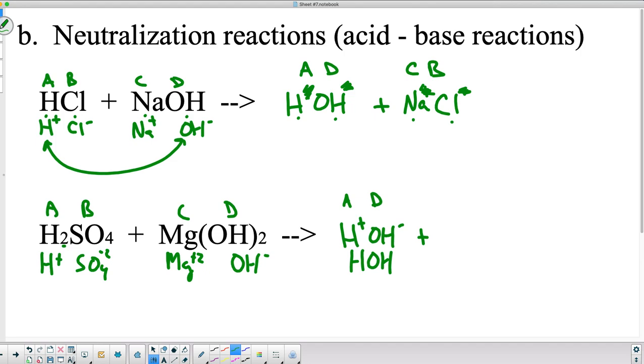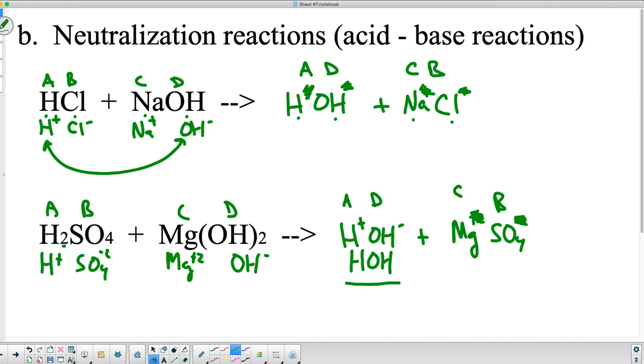So my C and D then is magnesium. Magnesium has a +2, and my sulfate is B, and that's a -2. And because they're a +2, -2, you can cancel them like that. +2, -2 cancels. So the only thing I need to do is check to see if I made water, which I did, and now I can balance the equation and be finished with it.